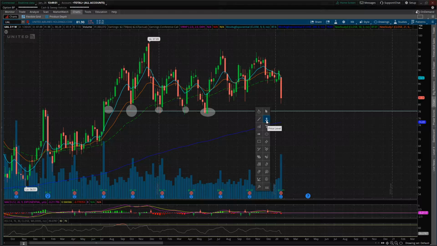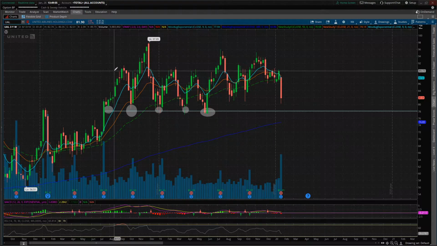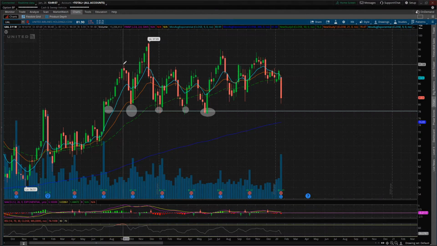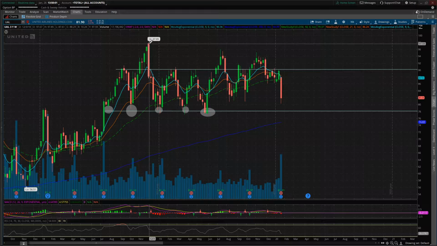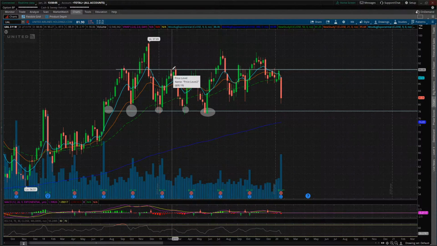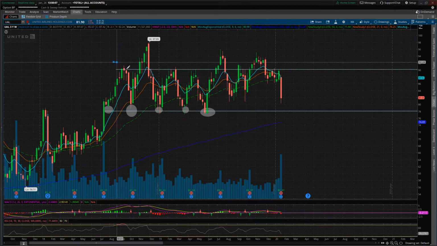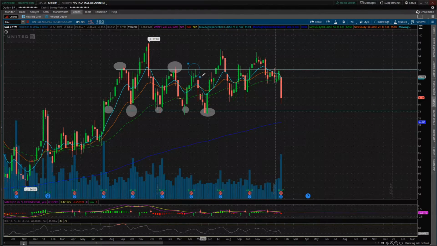Okay, so on the flip side, where's the resistance, right? Where are we when we bounce? Where do we go to? Right here, I see we did break through the resistance, but we came right back down. So right here, I see resistance, resistance, resistance.